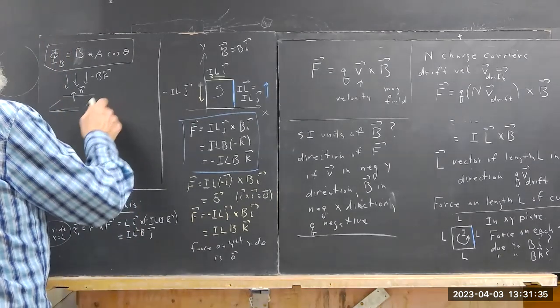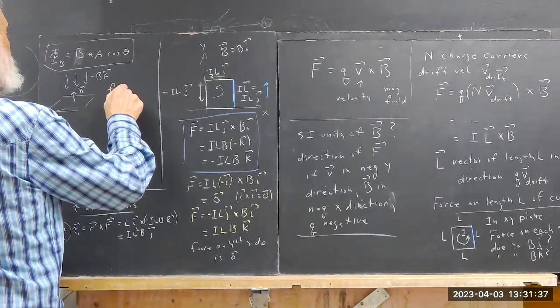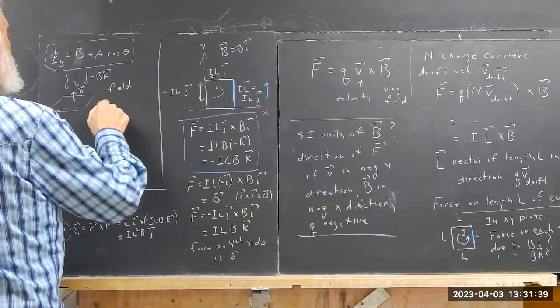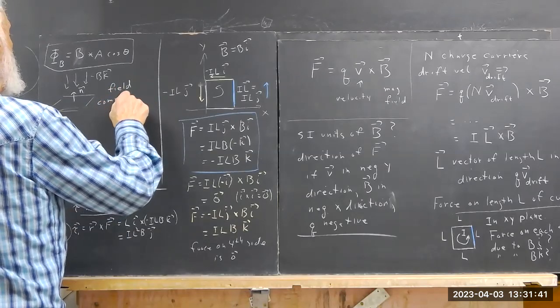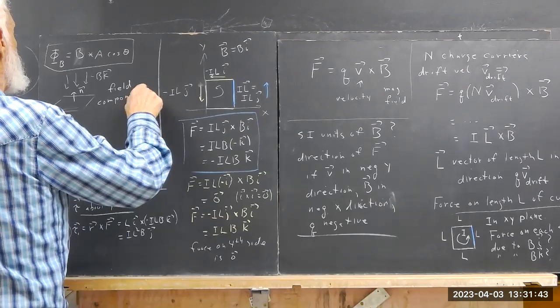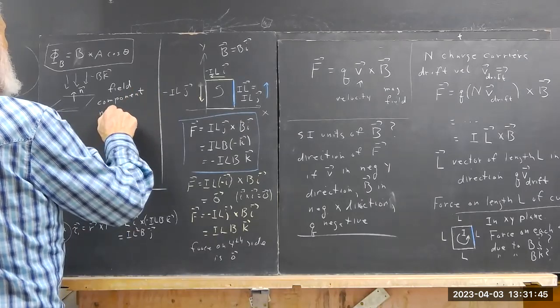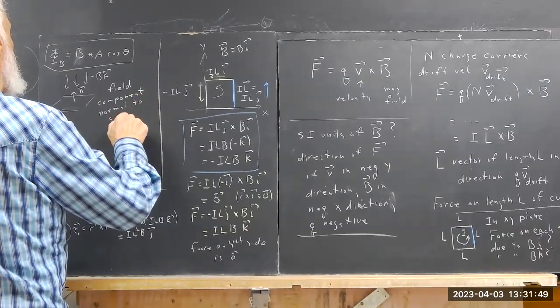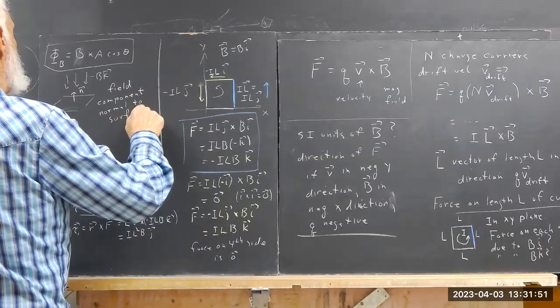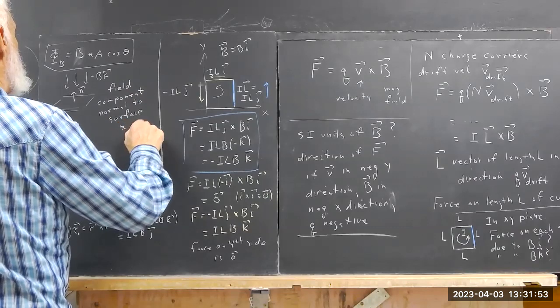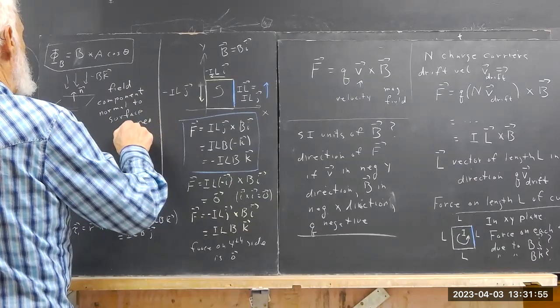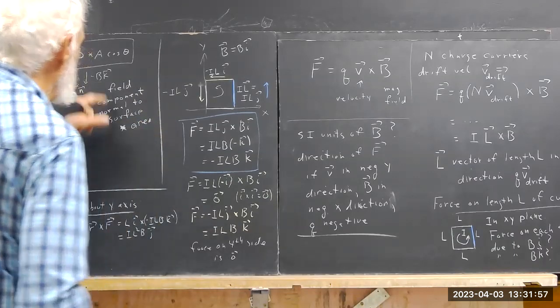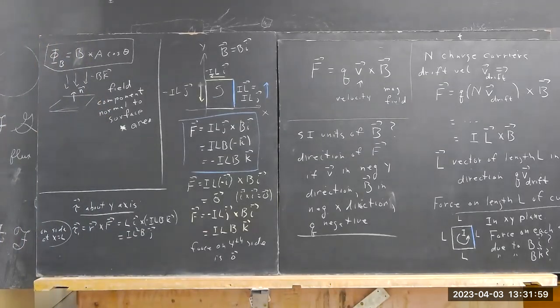And this is the field component normal to the surface times the area.